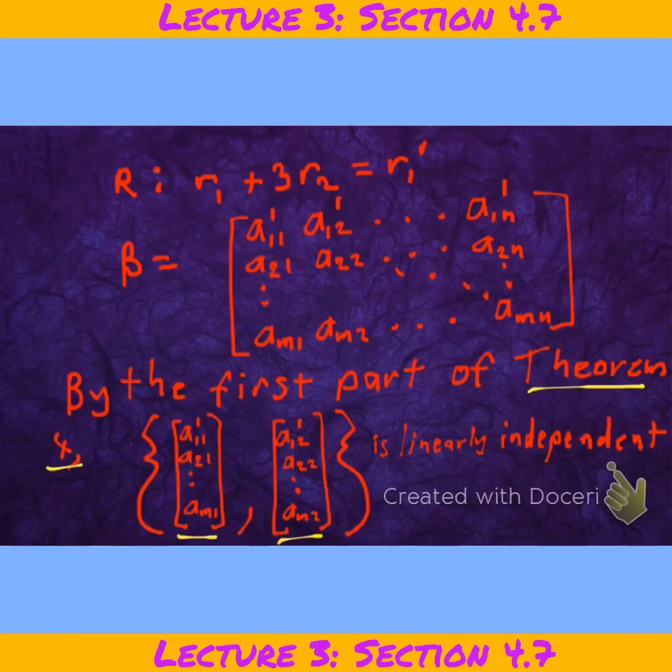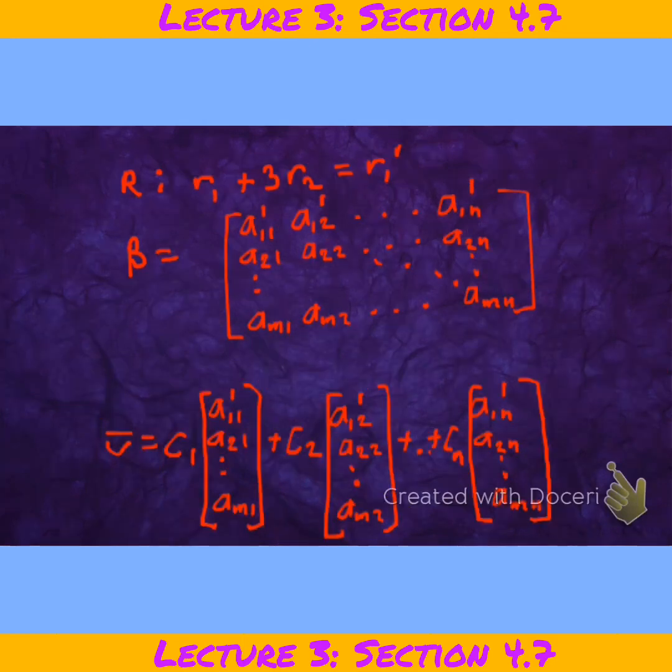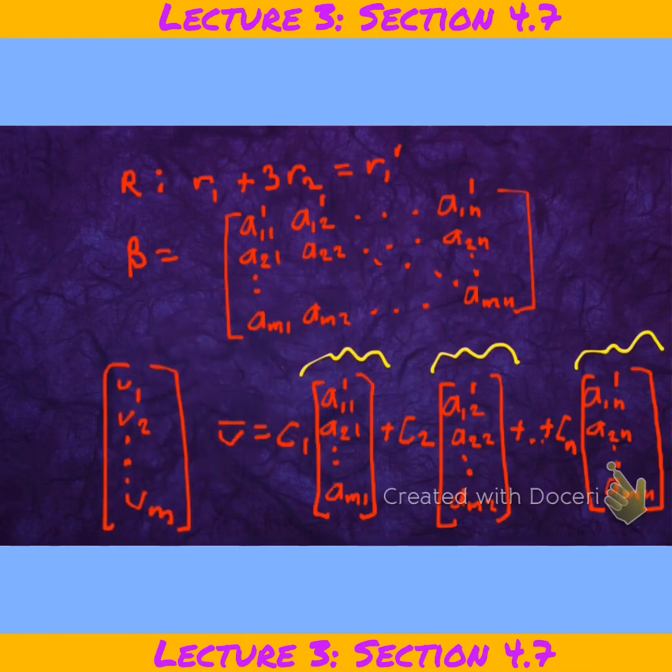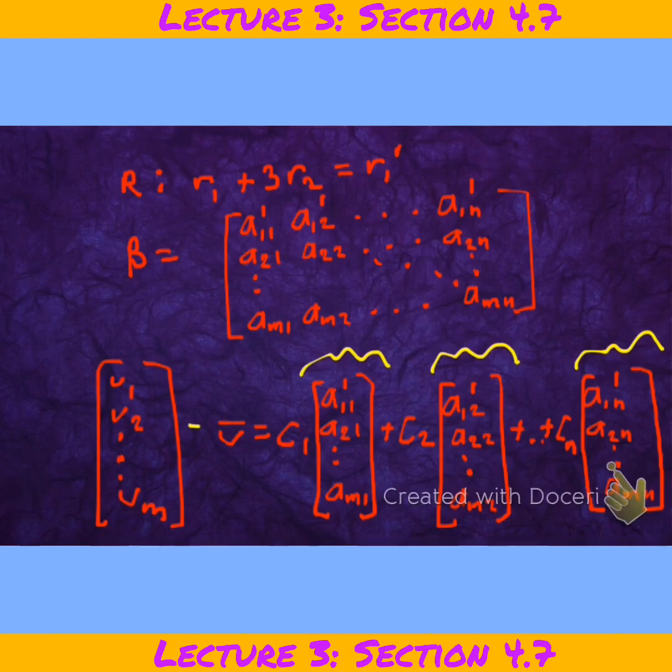So now I just need to show that this set here is a basis, so I just have to make sure the spanning property holds. Alright, so let's pick a vector V to be in the column space of B. In other words, it is a linear combination of the column vectors of B. Alright, and just for argument's sake, V is just some column vector, right?